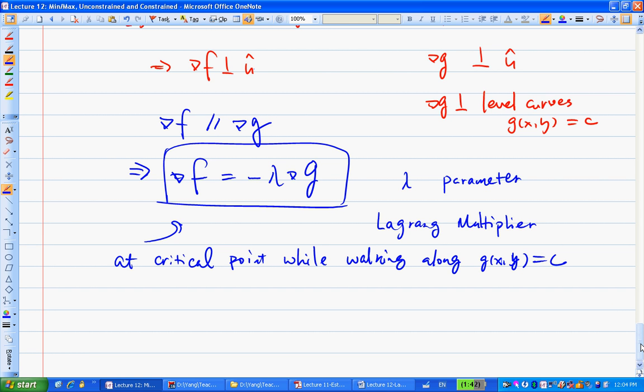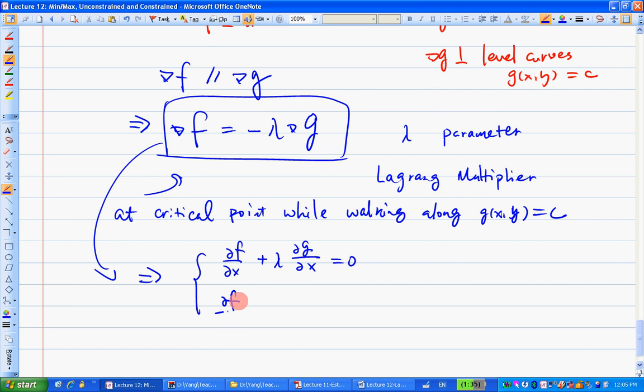Now let's take a look at this one. What will we get from this condition? Since we're talking about two variables, we get partial f over partial x plus lambda partial g over partial x equal to 0, and similarly for y, partial f over partial y plus lambda partial g over partial y equal to 0.